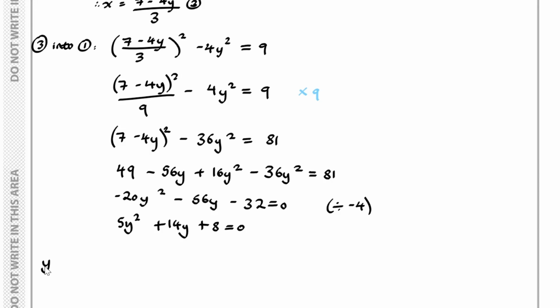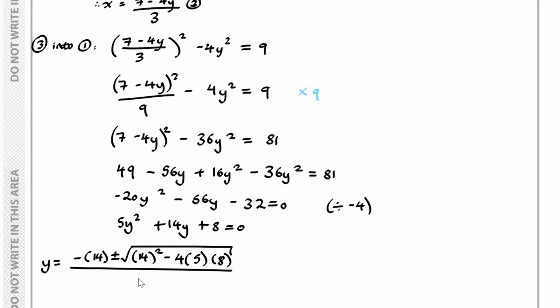So to solve for y, we use the quadratic formula. So here we've got y equals minus 14 plus or minus the square root of 14 squared minus 4 lots of 5 lots of 8, divided by 2 lots of a.